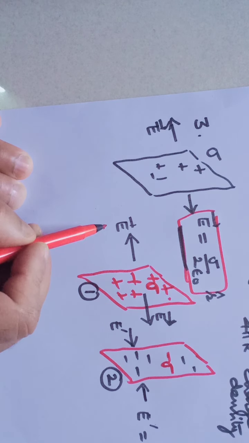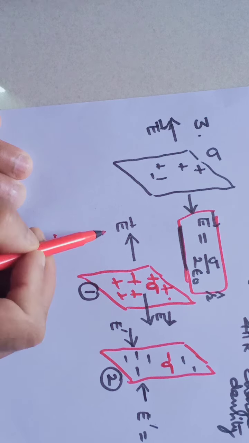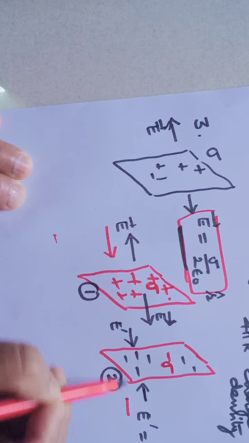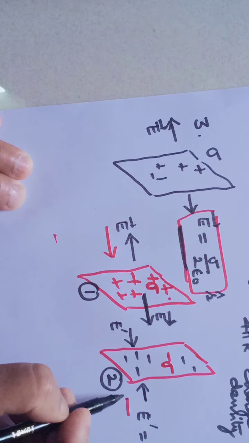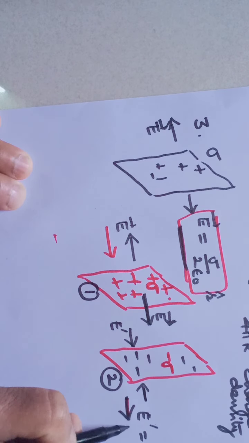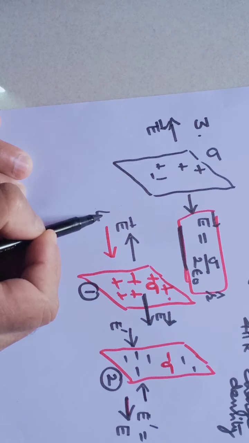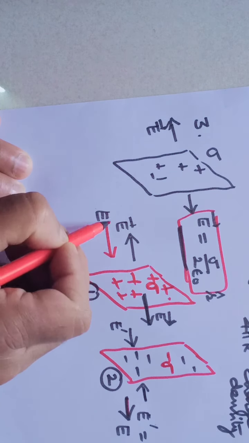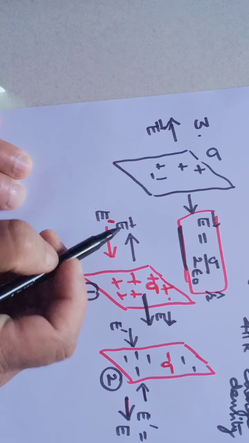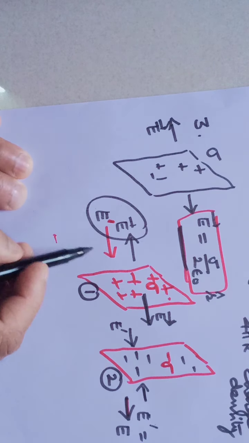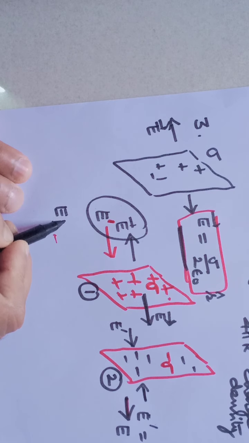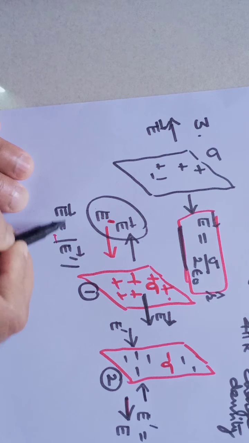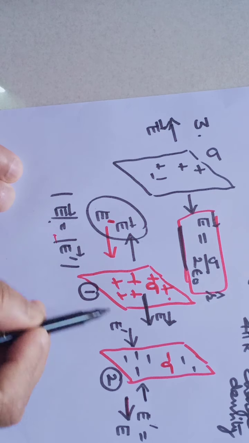So here the electric field is again E along this direction. Due to the other plate, the electric field will be along this direction, E dash. So here are two fields, equal and opposite. E is equal to E dash in magnitude, but the direction is opposite.